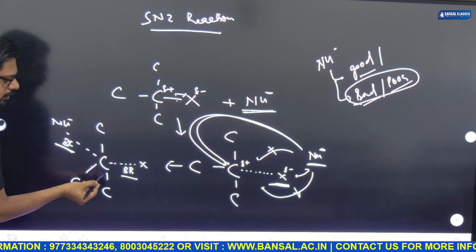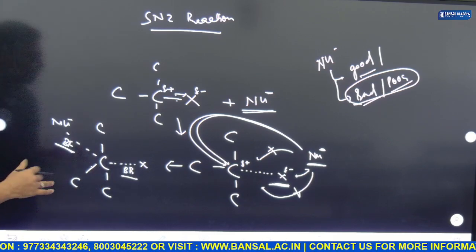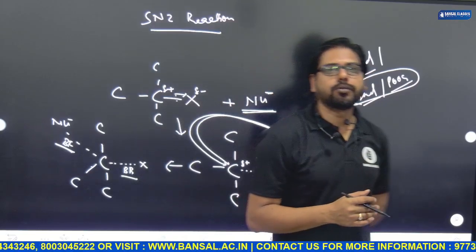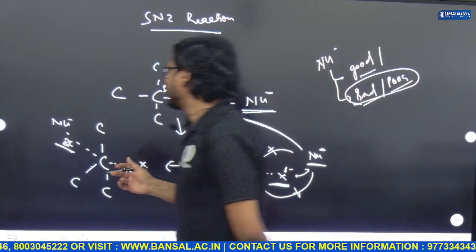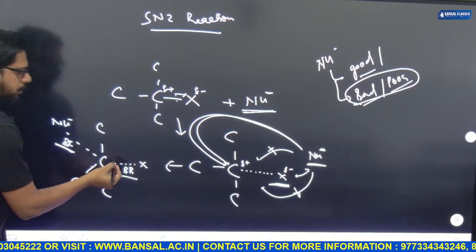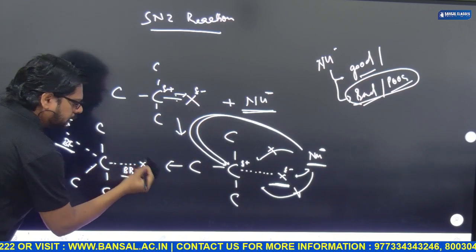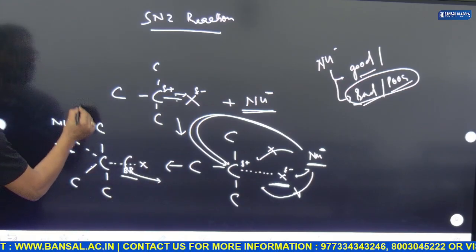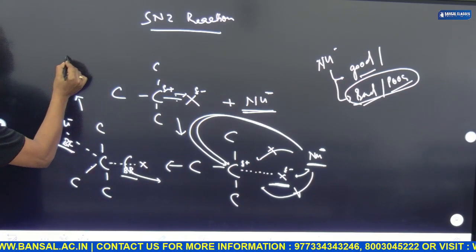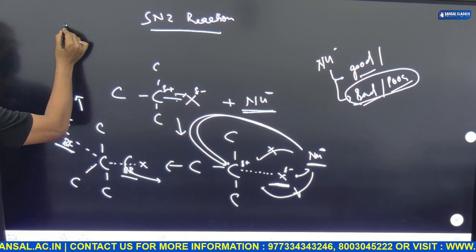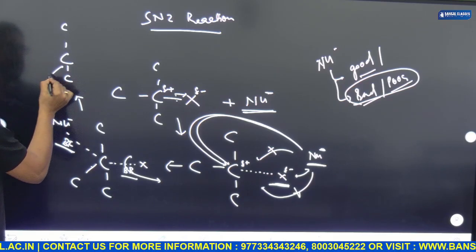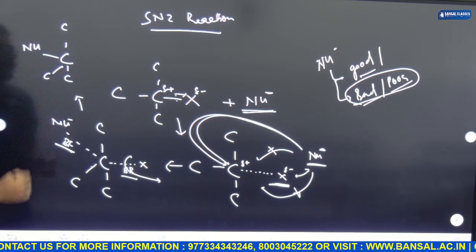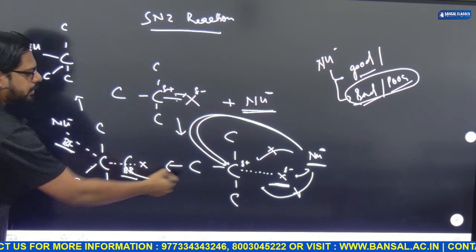First, second, third, fourth, fifth, and we know that carbon is tetravalent, so it can only contain 4 bonds. It will not have 5 bonds. So this X will dissociate away from here, and it will look something like this, and the nucleophile will get substituted on it and X will be repelled out.